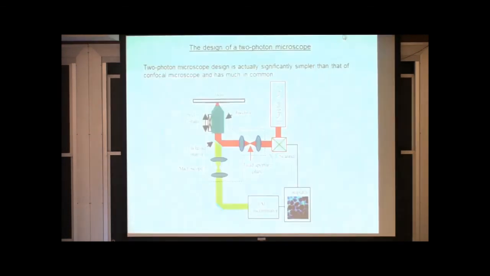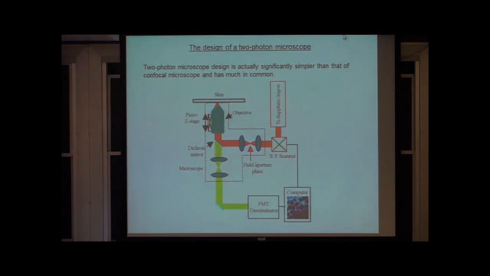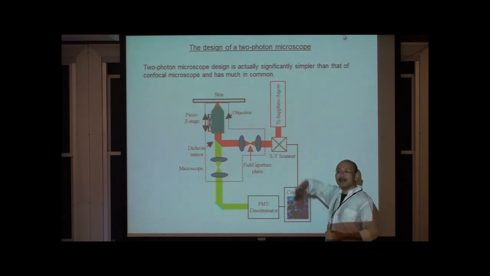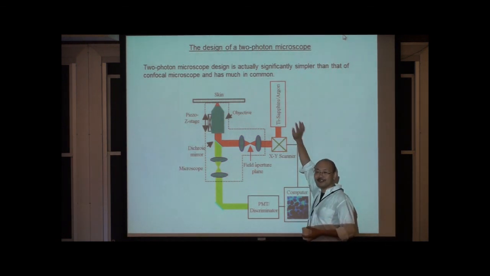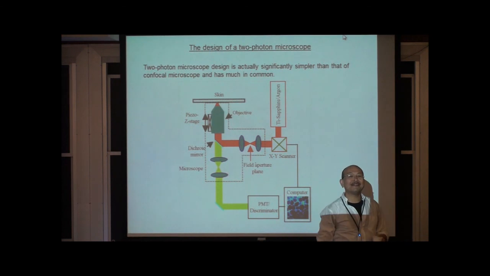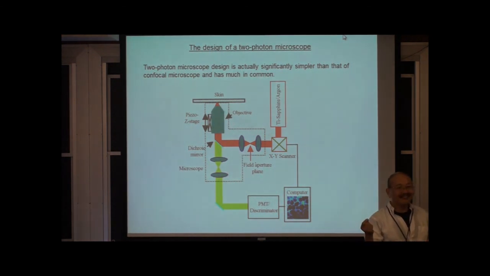So, I think I have a few more minutes. I won't go into great detail because most of you are going to see a two-photon microscope. To make a good two-photon microscope, there are a few things you need. One of them is your $200,000 laser, which generates femtosecond pulses of light.